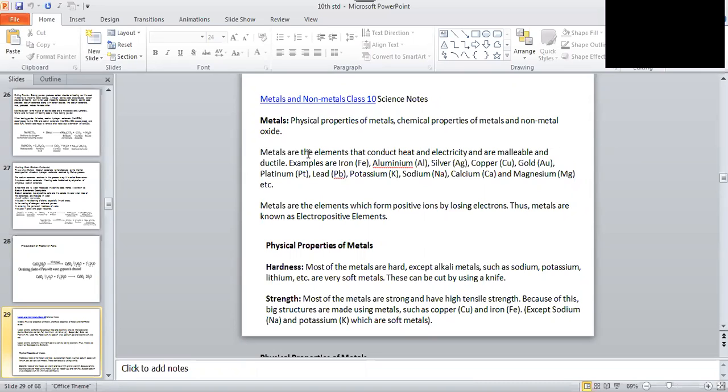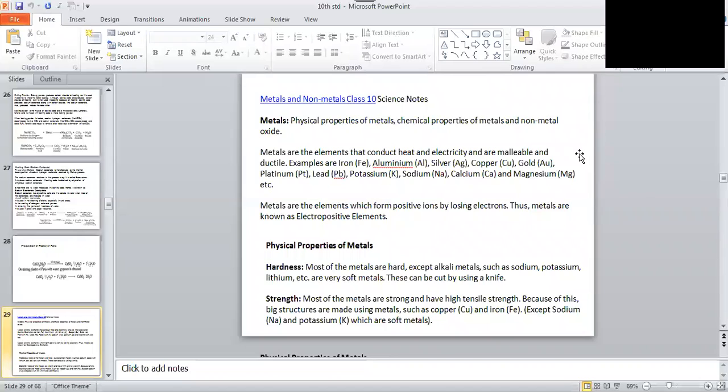So we know elements in the periodic table are classified into two types. The elements on the left side of the periodic table are called metals. They are electropositive elements, and the elements placed on the right side of the periodic table are called non-metals.